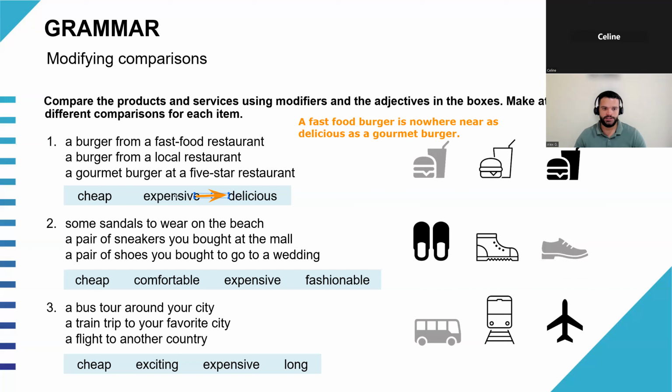So we have to use delicious, expensive, or cheap. So if you look at the examples, we have a little bit, much, a whole lot, right? So you can use one of the expressions that we had in the other one, okay? A bit, maybe.